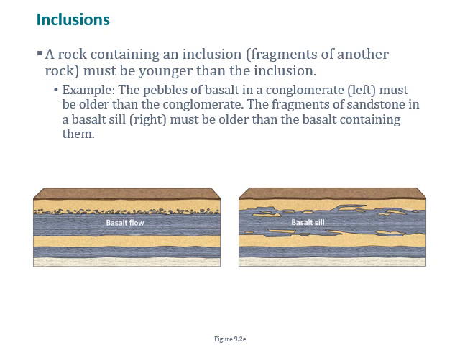So in the example below, we have pebbles of basalt in a conglomerate on the left that must be older than the conglomerate. On the right, the fragments of sandstone in a basalt sill must be older than the basalt containing them. So these are 2 examples of the principle of inclusions.